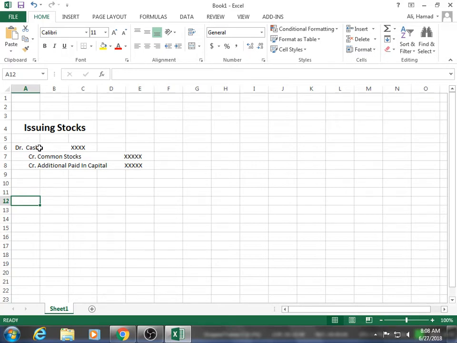It says Rexu Corporation is authorized to issue 10,000 shares of $10 common stock. So their authorization is $100,000 and the par value is $10. On January 1st, 2014, it issues 5,000 shares at $12.